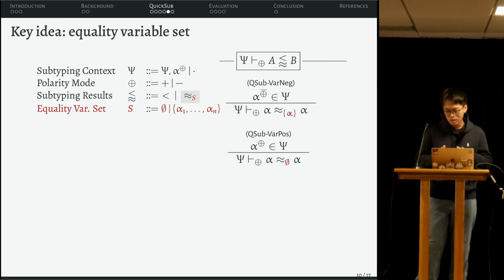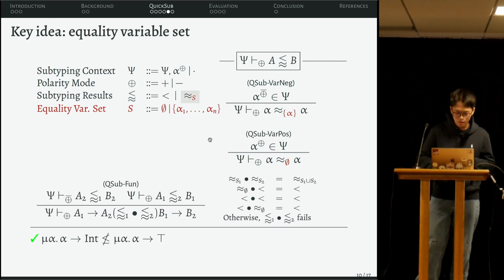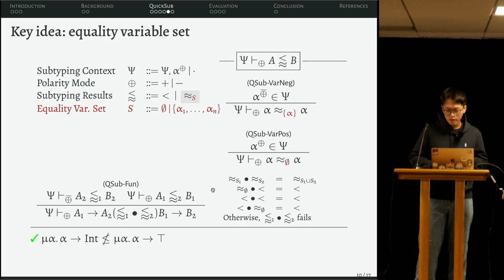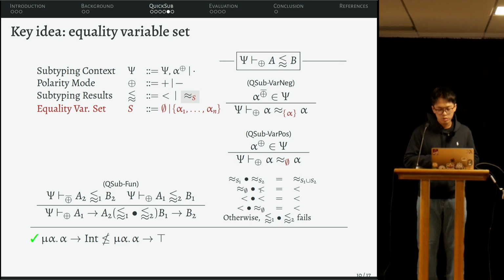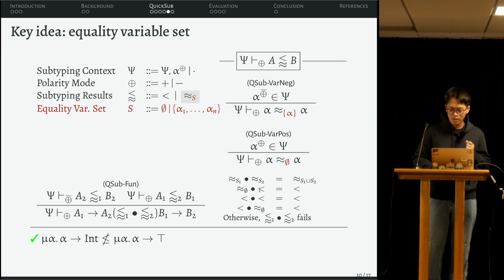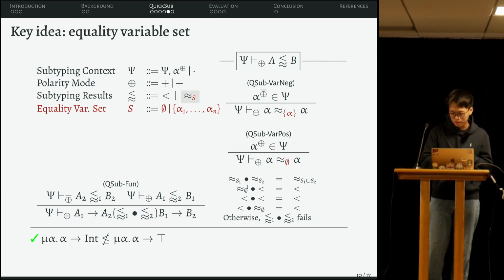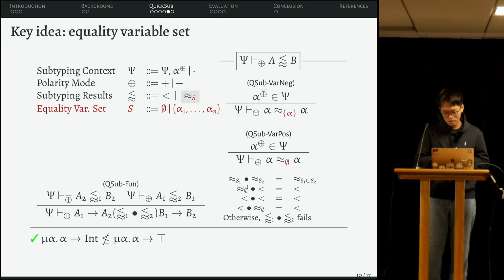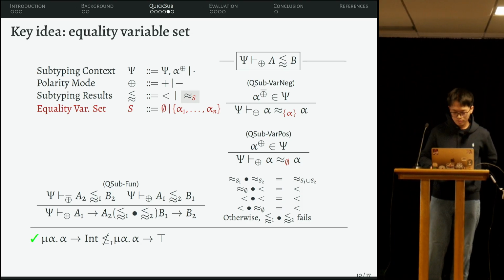For example, in the function case, we now require that every time you compose an equivalence result to a strict subtype result, this equality constraint set has to be empty. Otherwise, it will immediately fail the subtyping check. So with this design, we are able to disprove such negative subtyping examples.